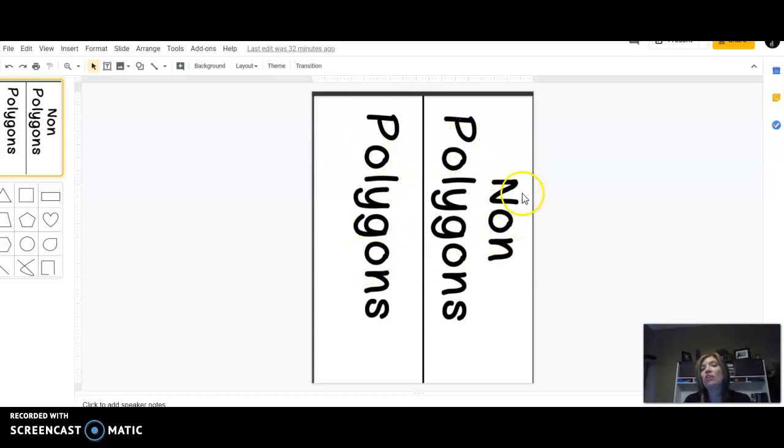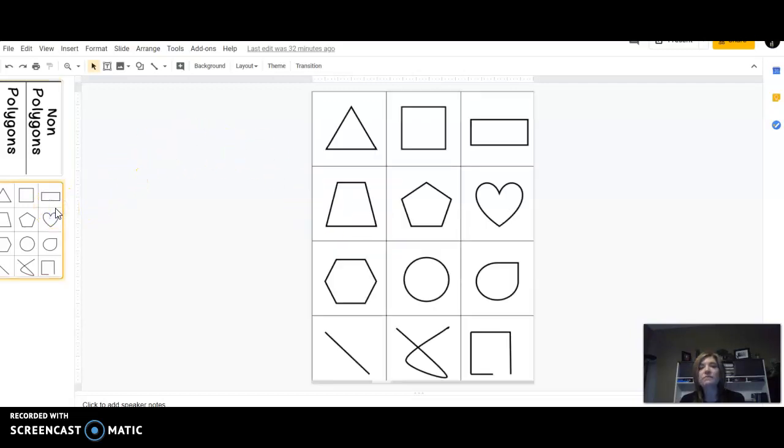Non-polygons means shapes that are not polygons. And then we know polygons means shapes that are closed, flat, and made of 3 or more straight lines.